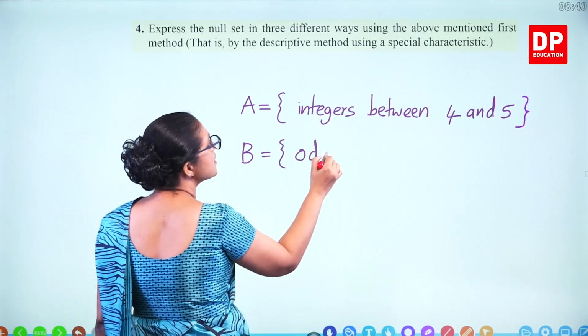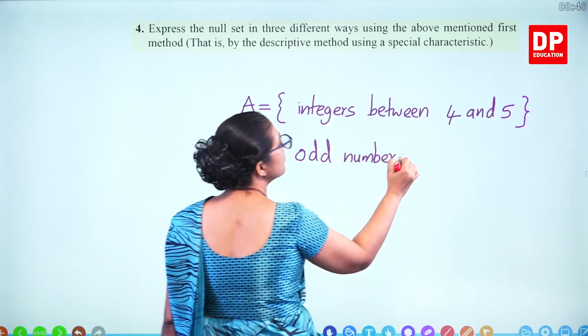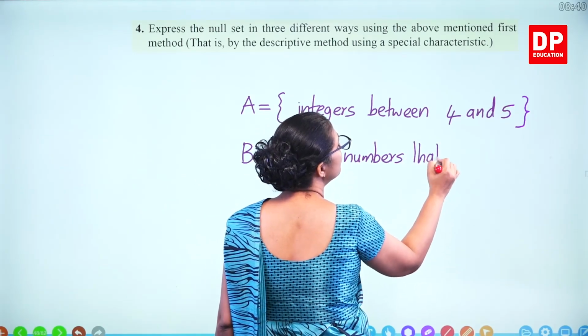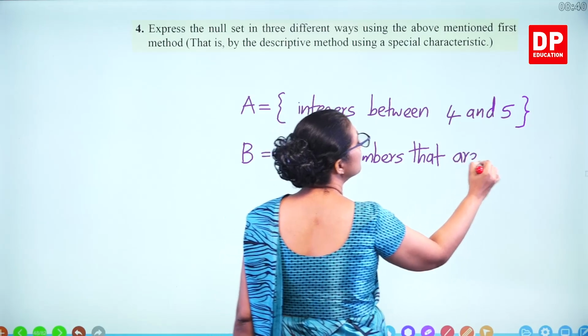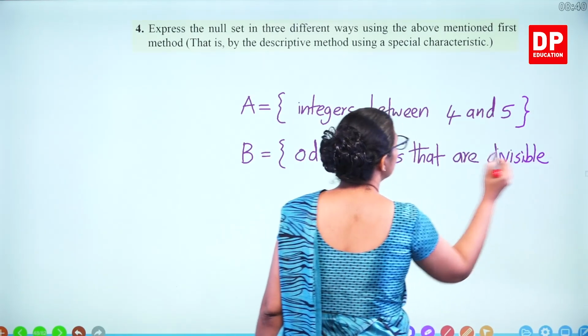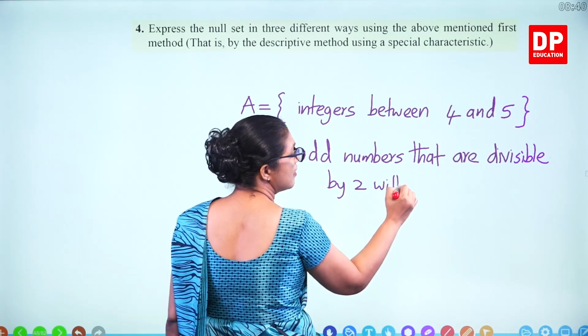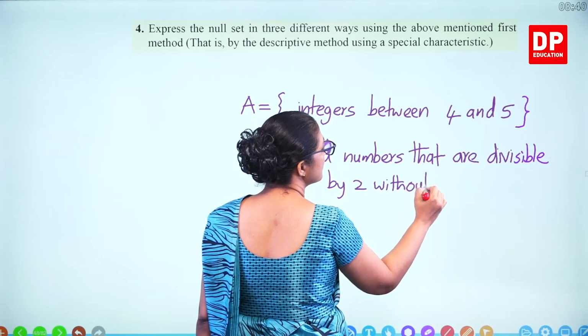Odd numbers that are divisible by 2 without a remainder. No odd numbers.